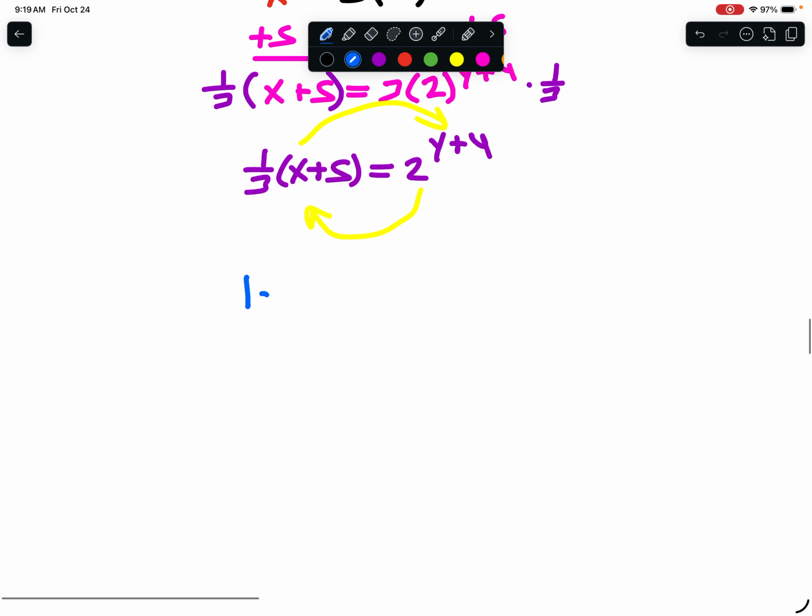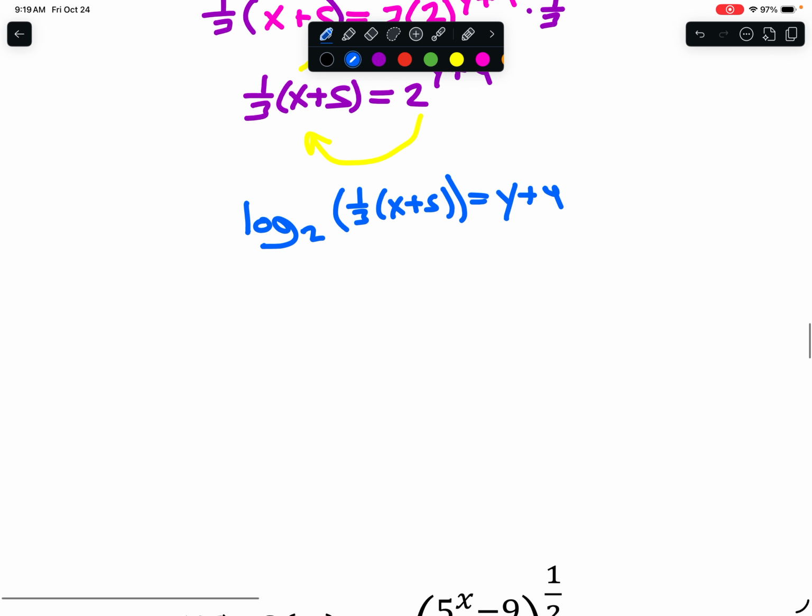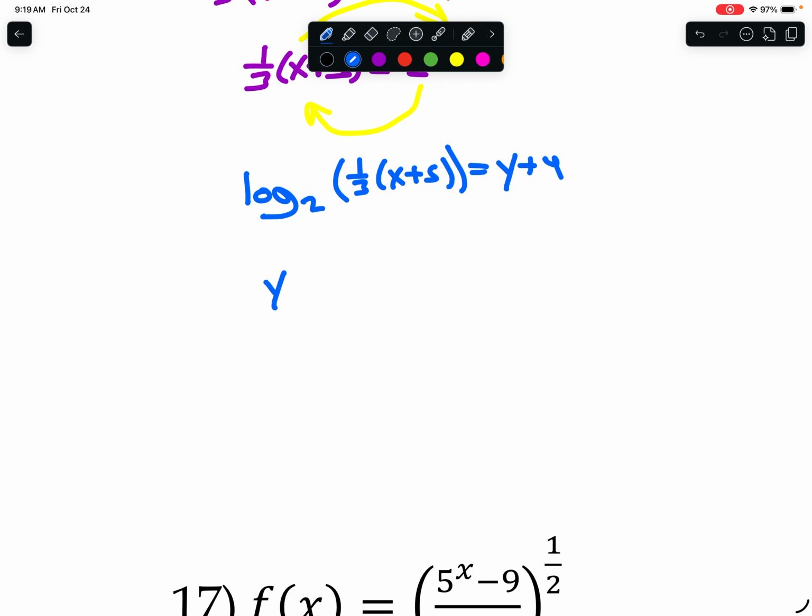Okay, so this is going to be log base 2 of 1/3, parentheses x plus 5, and that's going to equal y plus 4. And then we're going to move that 4 over. So then your inverse here will be log base 2 of 1/3 times x plus 5, and then minus 4.